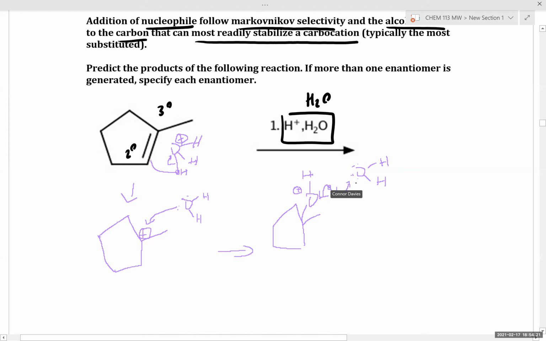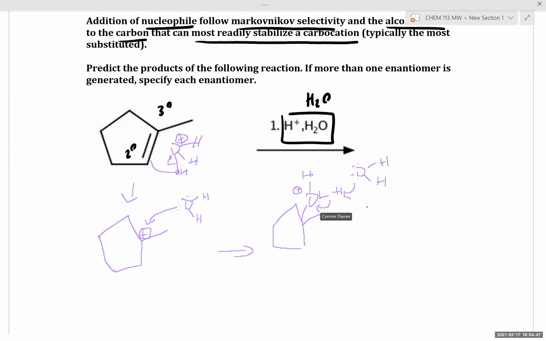So it looks something like this. Our electron density attacks our electrophilic hydrogen, we pull off our proton, and then the oxygen-hydrogen bond breaks. Perfect. So the student-proposed mechanism looks perfectly reasonable.